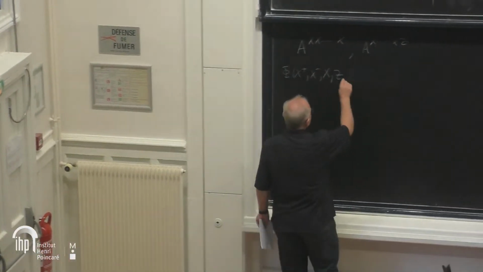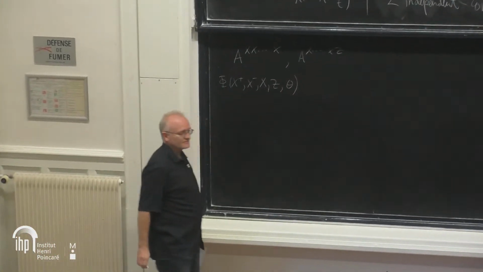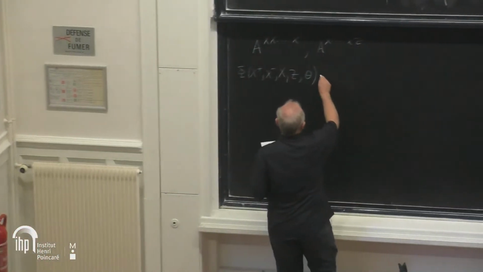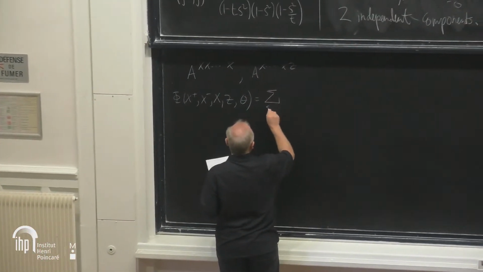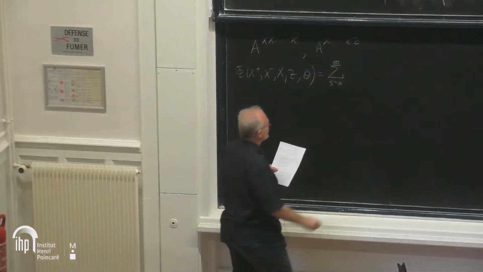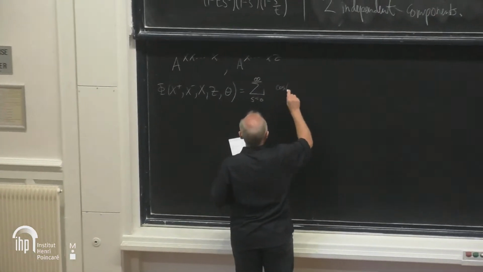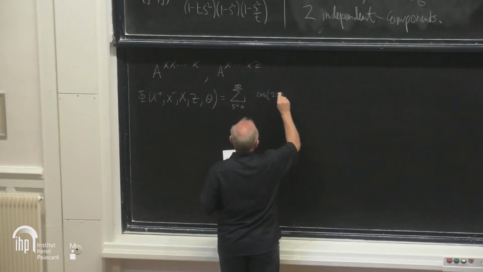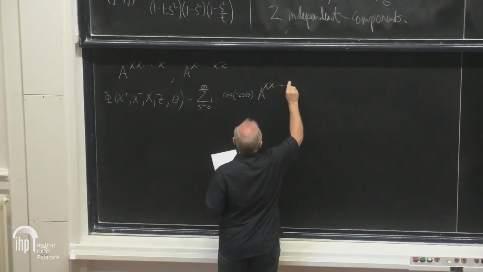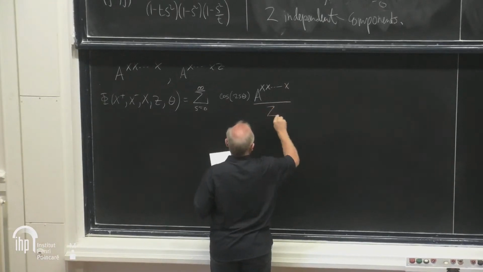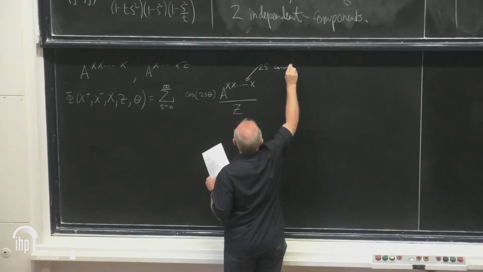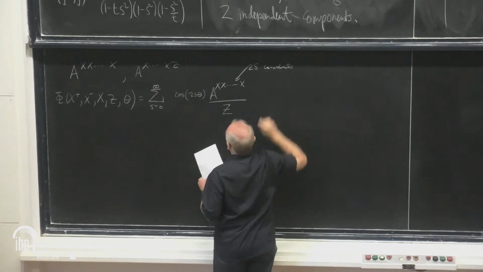But I'm going to introduce another coordinate, theta. So I've introduced a 5th coordinate. And I'll use that coordinate as follows. I'll take a sum from s equal to 0 to infinity. I will have the cosine of 2s theta. Then I will have A x up to x over z, and over here there are 2s coordinates.